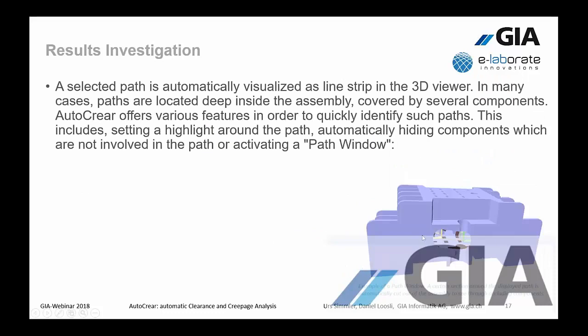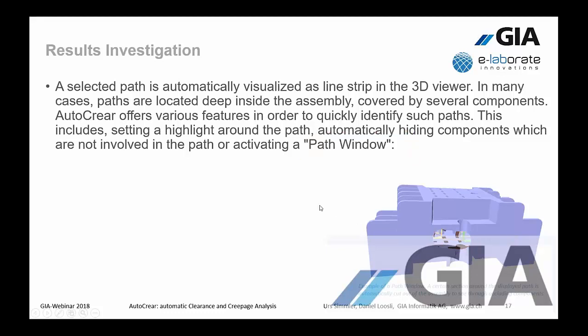Okay, when you are doing this post-processing, you have a very nice capability called the Show Me a Path window. This path window cuts your assembly in order to see these paths very, very clearly.